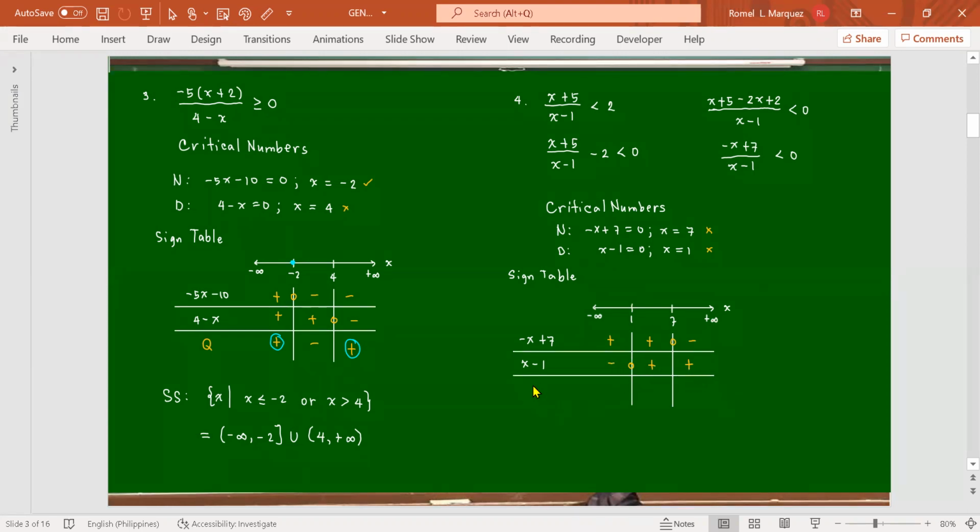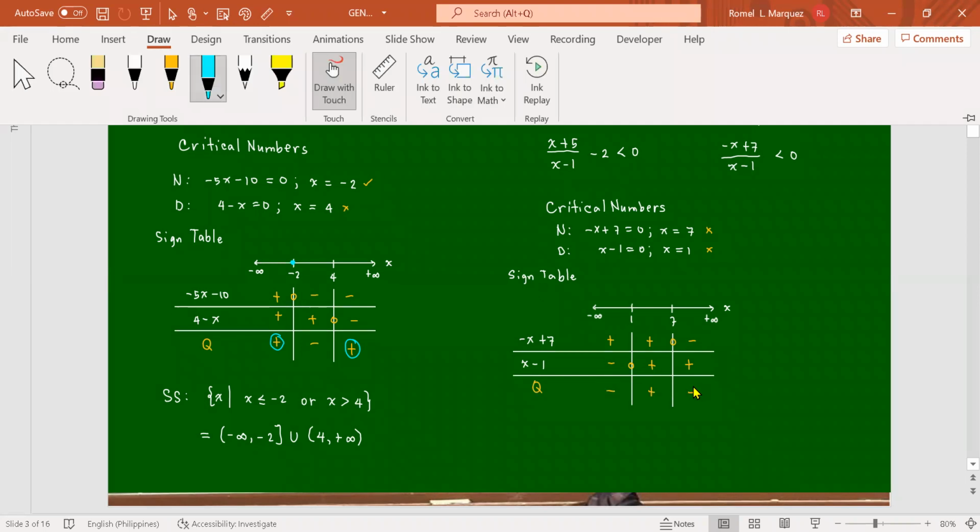Okay now. So quotient: negative, positive, negative. What do I really want? I want less than, sorry, negative.